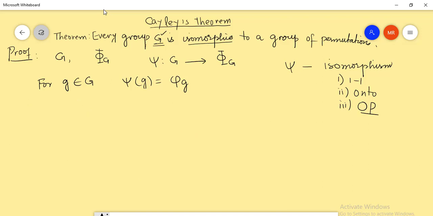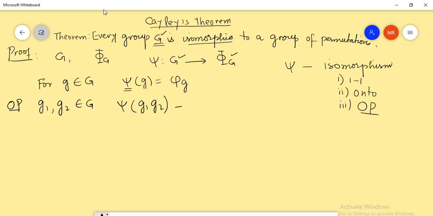So far we have proved that this mapping psi from the group G to the group of permutations is both onto and one-to-one. So the last thing, we need to prove that this mapping is operation preserving. For that we consider two elements g1 and g2 belonging to the group G, and we take the image of g1g2.